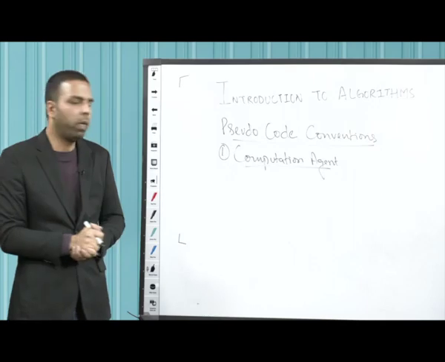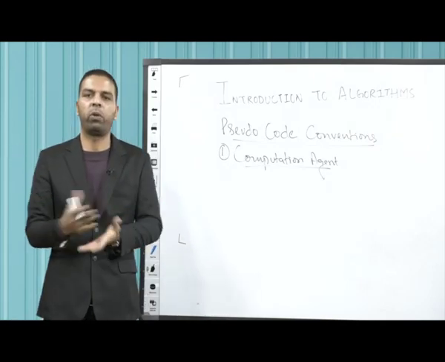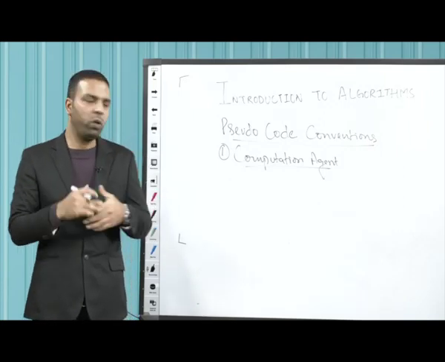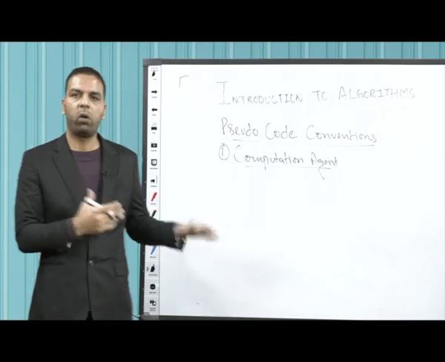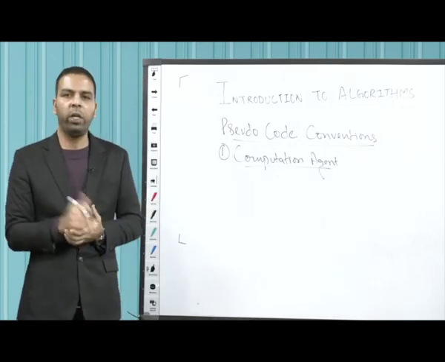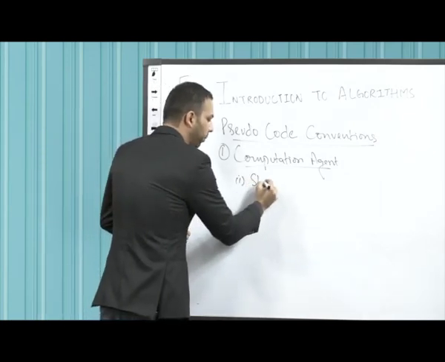Here the computation agent will be your computer, where you will finally convert your algorithm into a program. So you have to keep that computation agent in your mind and then see what you need to write your algorithm on that computation agent. The first thing that you need to take care of is the state.